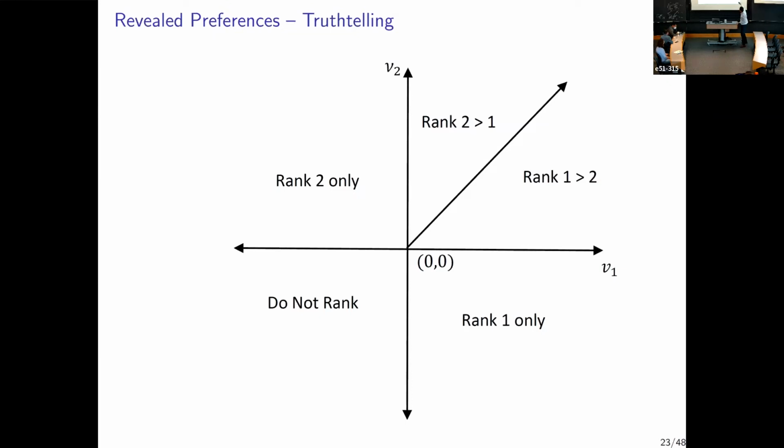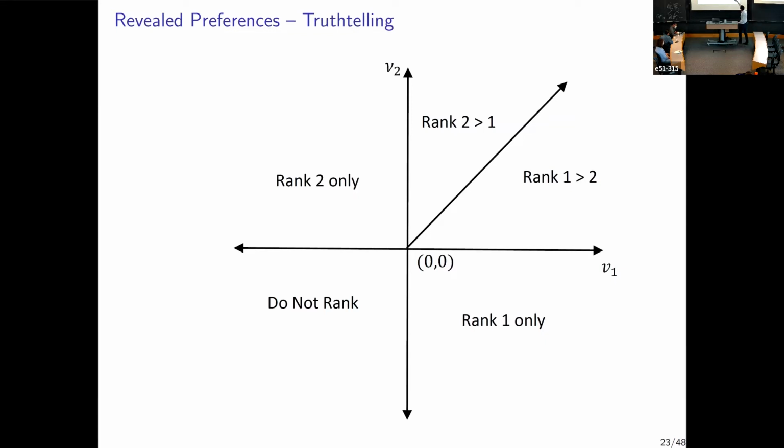But in this case, if the utility for school 1 is positive, but the utility for school 2 is negative, this individual is going to only rank school 1. Over there, if the utility for school 1 is greater than the utility for school 2, which is greater than 0, the individual is going to rank first school 1 and then school 2.